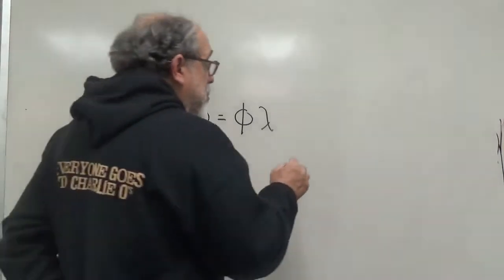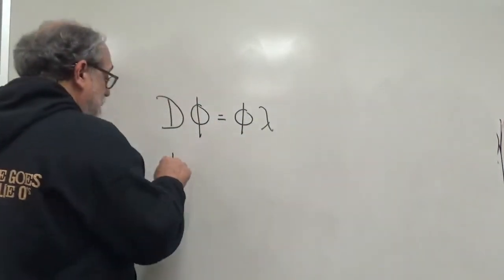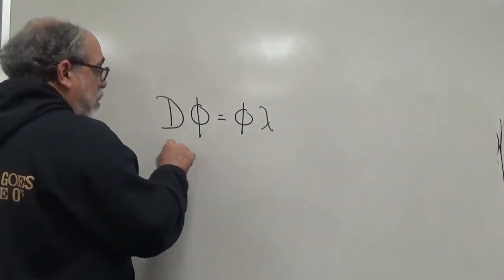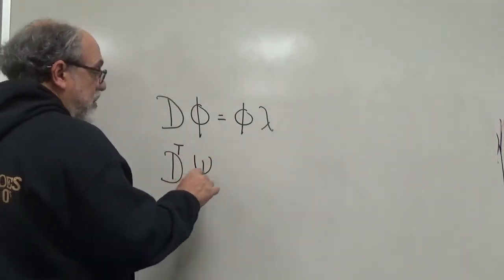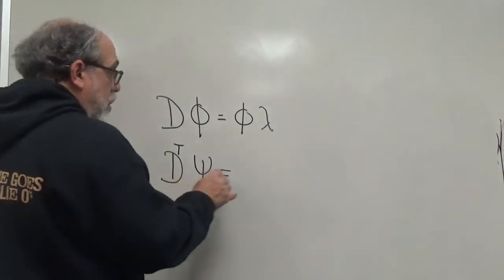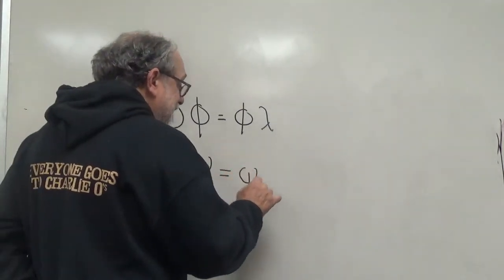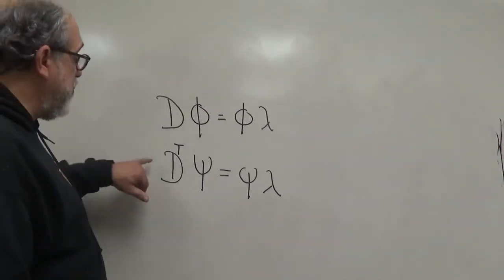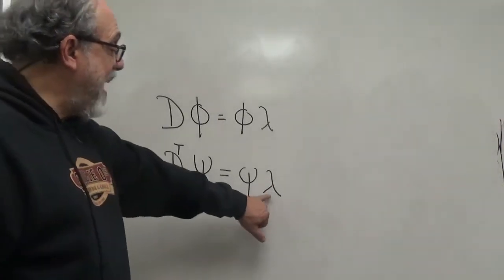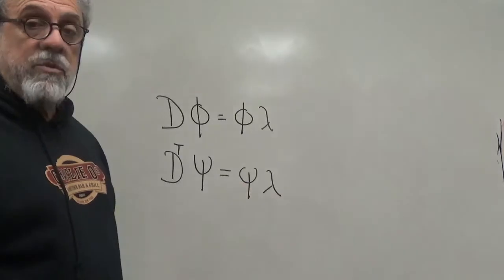Now, assume that you consider the problem of the transpose of the matrix. The transpose of the matrix has the same eigenvalues, although it has different eigenvectors.